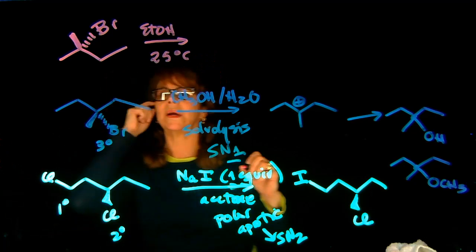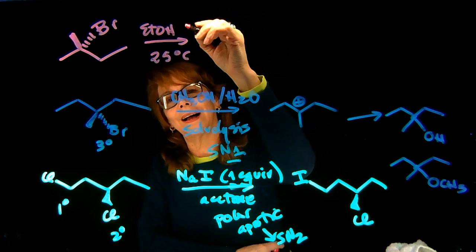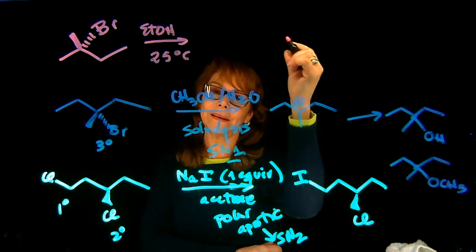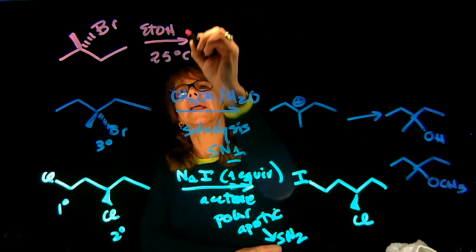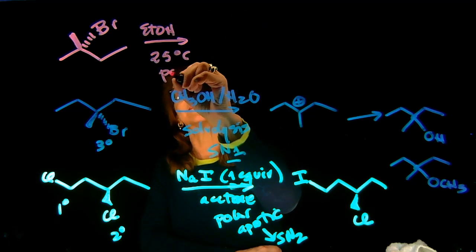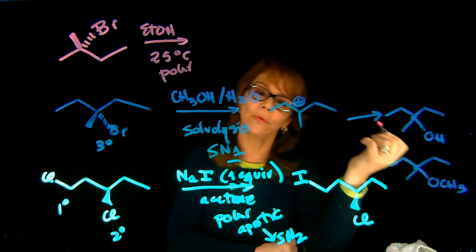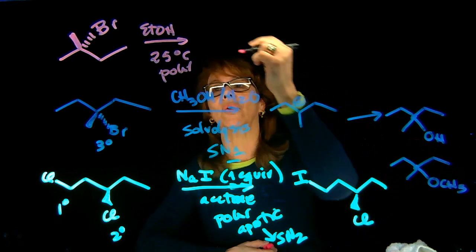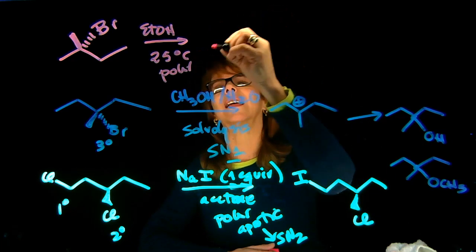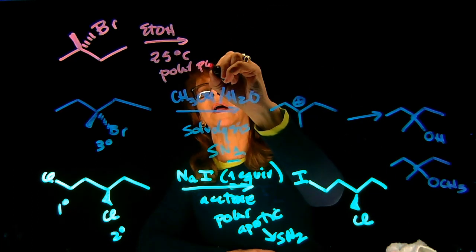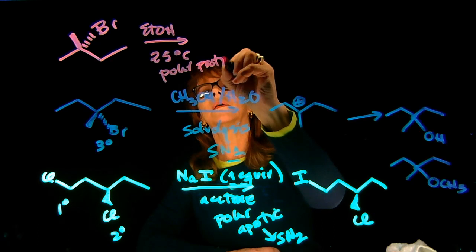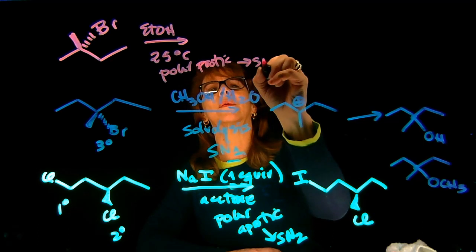Now, what do I have here? Ethanol is not a good base. It's still a nucleophile, and this is a polar protic solvent. So your nucleophile and your solvent are the same molecule, ethanol. The condition is a polar protic solvent, so that points to SN1.